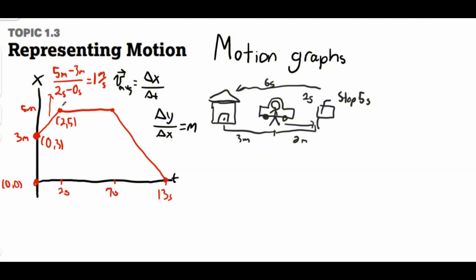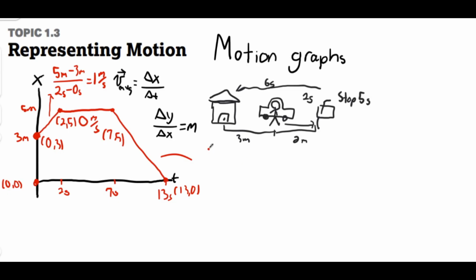Now, this interval here, it's flat. Whenever anything's flat, it has a slope of 0. So this is 0 meters per second. And that checks out because we're standing still at a mailbox. We're not moving. Then we go here to this last interval. We have final position 13, 0. Initial, we've got 7, 5.